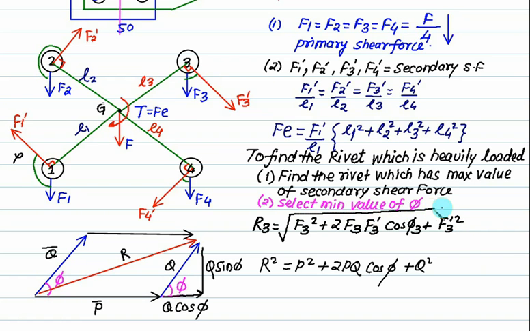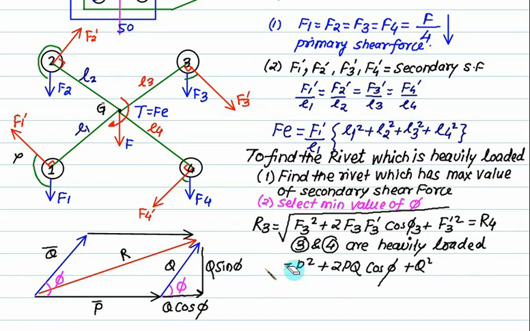And in this case, because of the symmetrical arrangement, F3 is the same as F4 and F3 dash is also the same as F4 dash. So this value will be the same as R4. It means that rivet number 3 and rivet number 4 are heavily loaded.